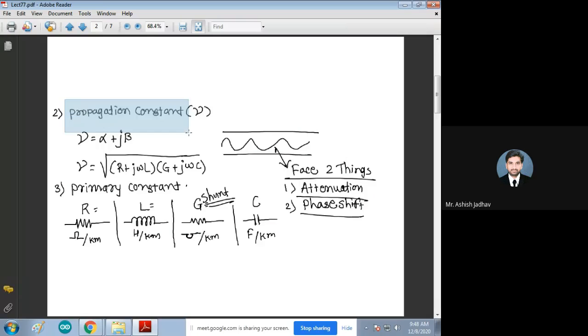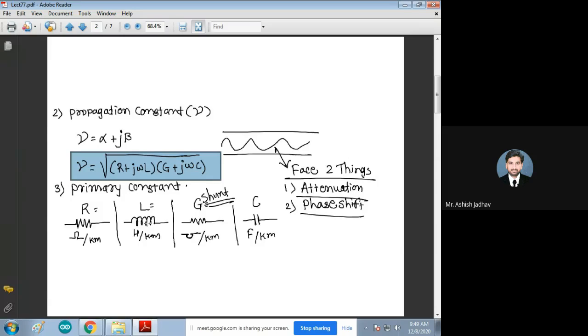Then propagation constant. Just now we have seen gamma is equal to alpha plus j beta. Alpha is the attenuation constant and beta is the phase constant, and its another definition is the square root of ZY, that is equal to the square root of (R plus j omega L) into (G plus j omega C).